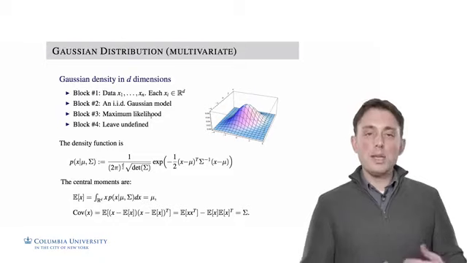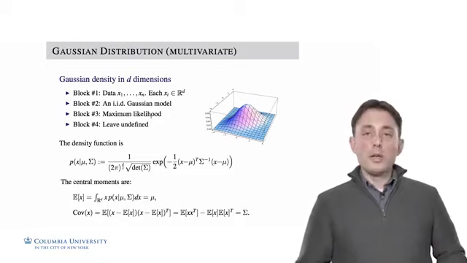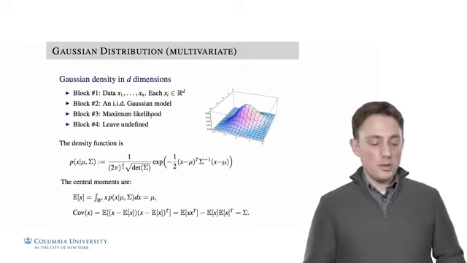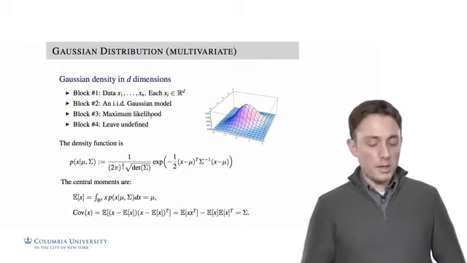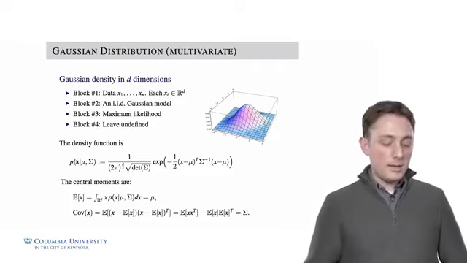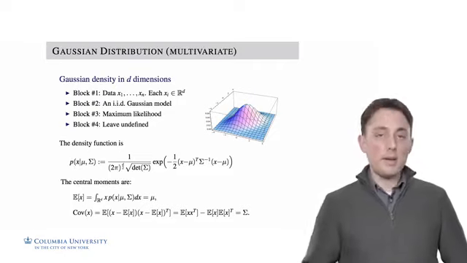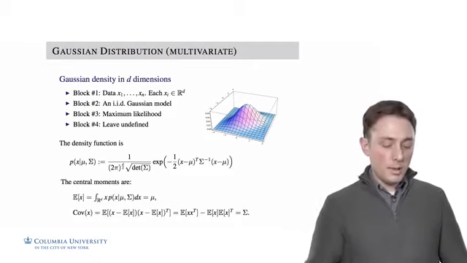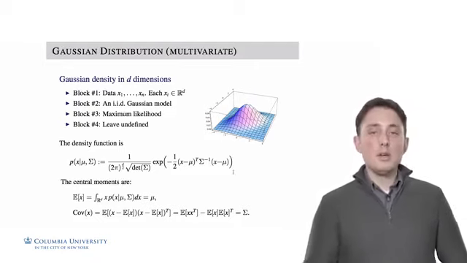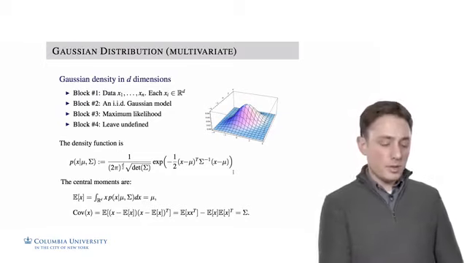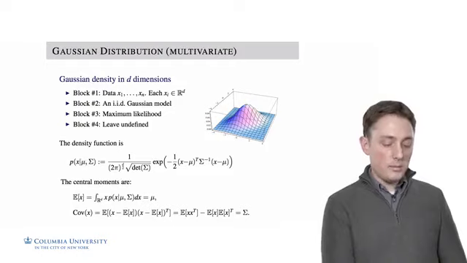Okay, so looking at block 2, we're going to define a multivariate Gaussian distribution. To refresh our memories, when we define a probability distribution, we're saying that the probability of x, or the density of x, given parameters mu and sigma, is equal to some function. That function has to be non-negative everywhere. It's a function of x as well as mu and sigma.